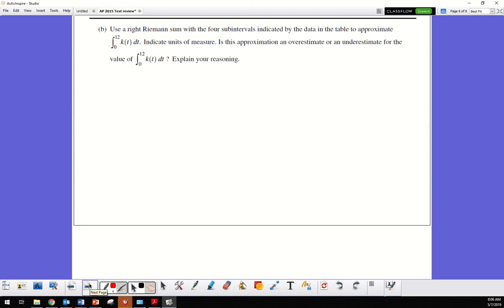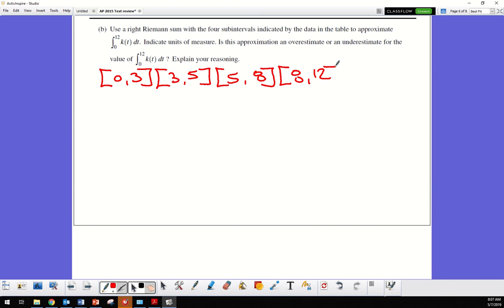So I have my intervals there. If you notice, it just says subintervals, right? So they're not going to be the same size, are they? They're not going to be the same uniform length in between each one.